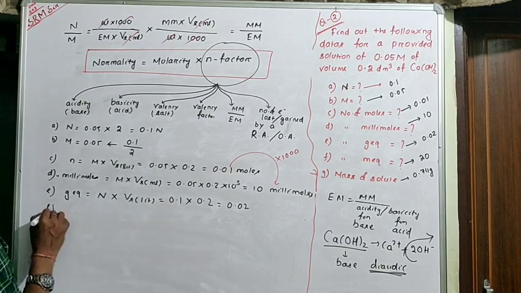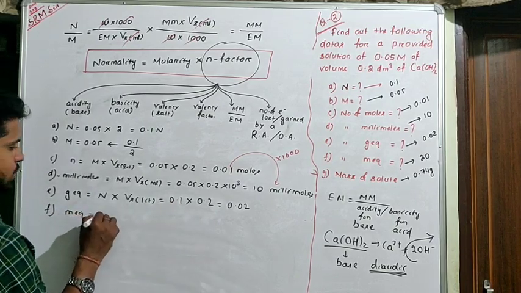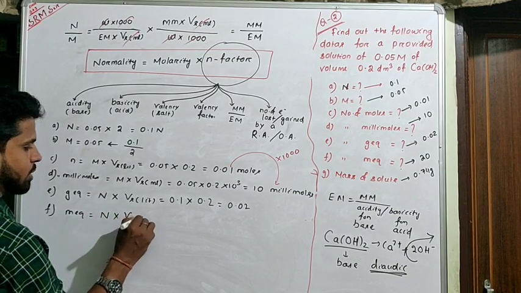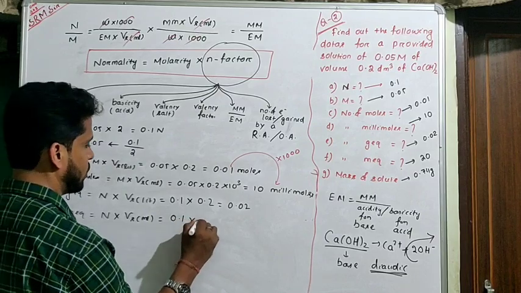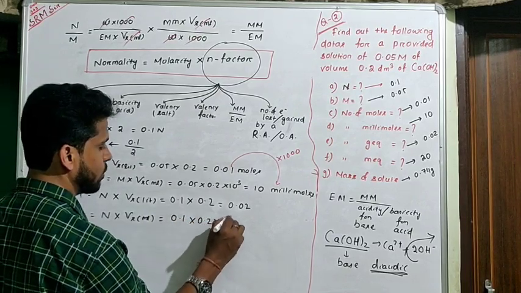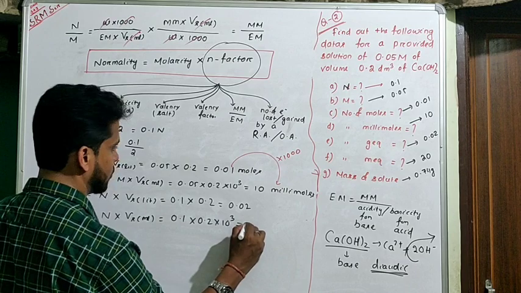F. Number of milliequivalents is normality into Vs milliliter, 0.1 into 0.2 into 10 to the power 3.